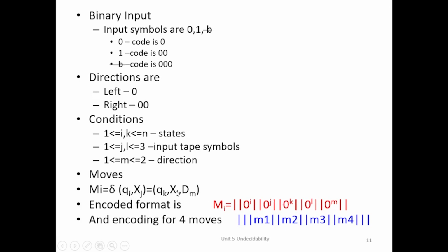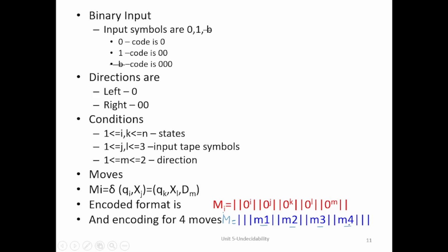Like that, for every transition function, we should write an encoding form, and the final encoding form, capital M, is equal to this. So the encoded values of all 4 different transition functions should be embedded within 111.